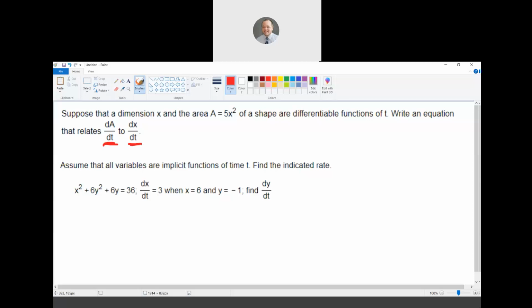So over here we have A equal to 5x squared, and we take the first derivative of both sides with respect to t. The derivative of A with respect to t is the ratio dA over dt.